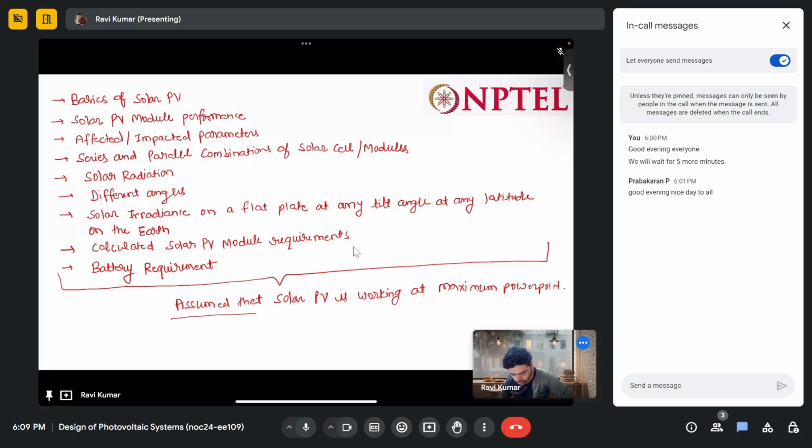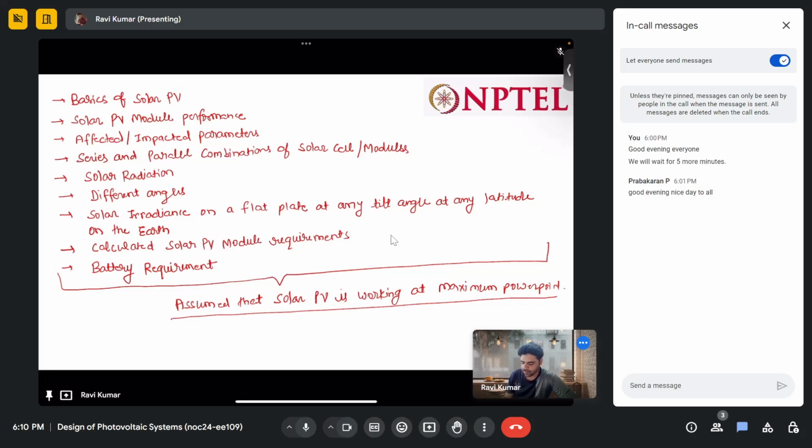It means to calculate each and all these requirements, we have assumed that our solar PV system is working at the maximum power point. So this week's discussion is entirely based on this MPPT tracking, meaning how can we track or get the maximum power point on the IV characteristics of a solar PV module. So this is all about the recap and the requirement of today's lecture.